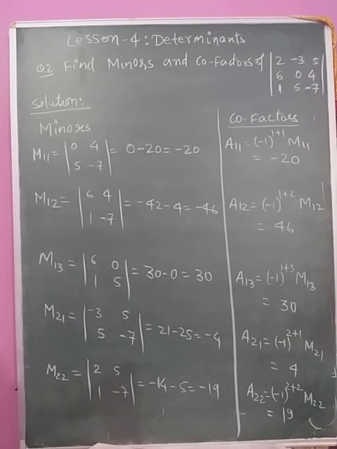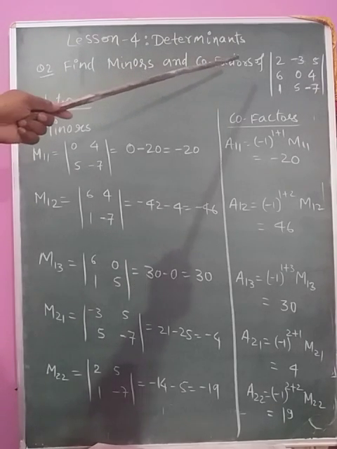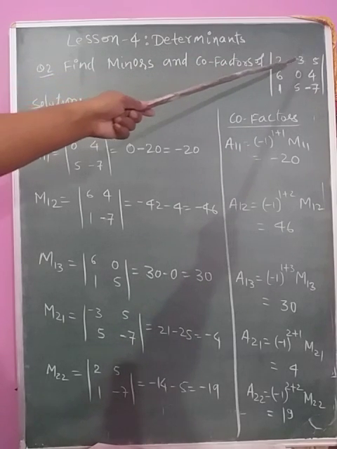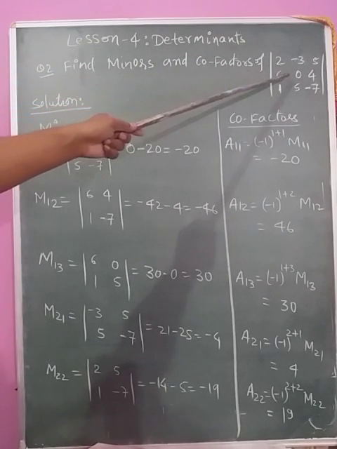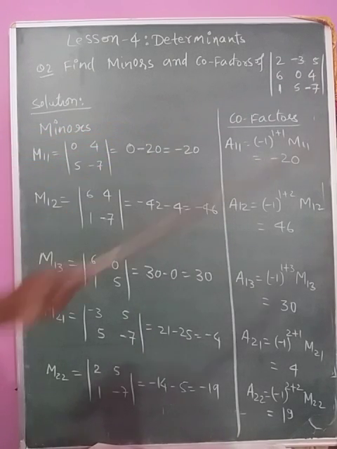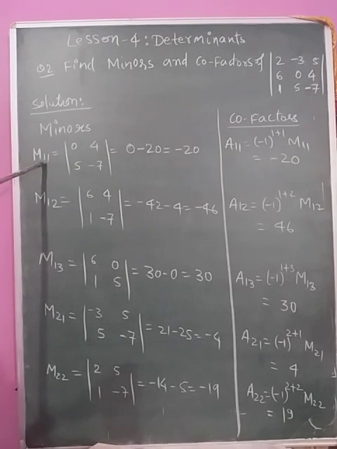Question number 2, find minors and cofactor of determinant 2, minus 3, 5, 6, 0, 4, 1, 5, minus 7. First, we find minors. First, M11 means delete first row and first column.